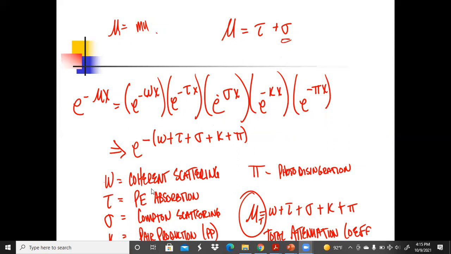This is, of course, the photoelectric absorption. This is Compton, pair production, photo disintegration. And so by accounting with all of these things, this is what we come up with. So they are definitely stating here that pair production is going to be K and photo disintegration is going to end up being with pi. So I guess other places spell it out other ways.